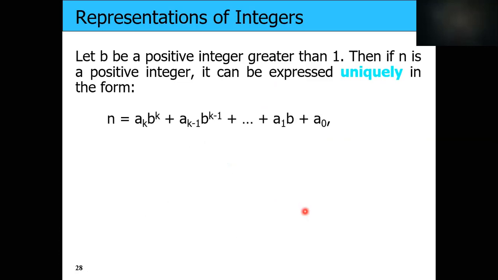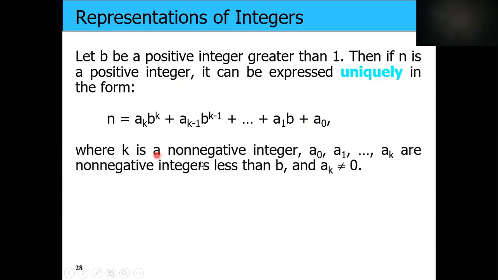Let b be a positive integer greater than 1. If n is a positive integer, then it can be expressed uniquely in the following form, where k is a non-negative integer, a0 up to ak are non-negative integers less than b, and ak should not be 0.